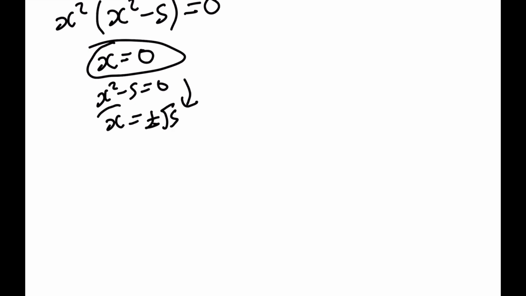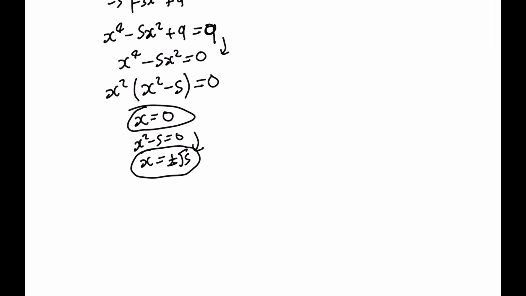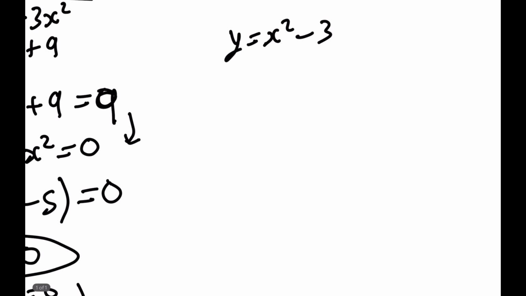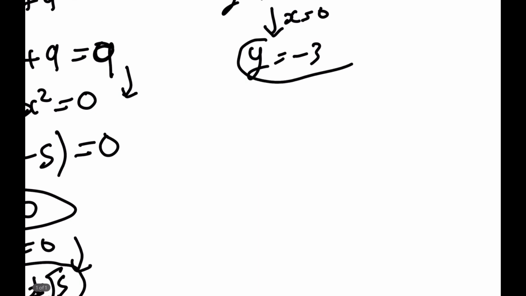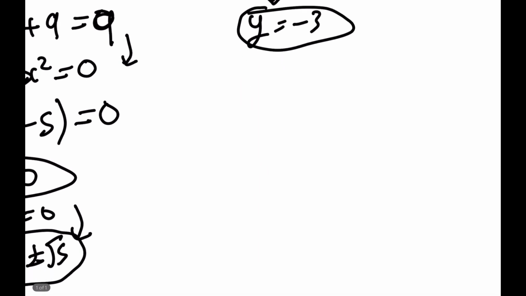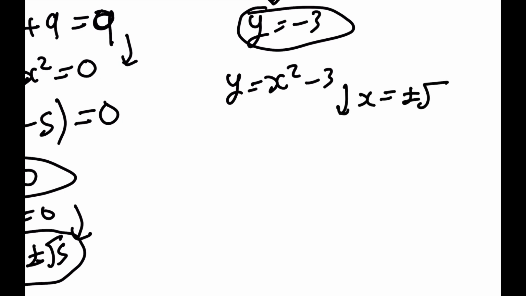And if we find the y values, y is equal to x squared minus 3. So if x equals 0, y is going to be equal to minus 3. So you have a y value. And if x is equal to either plus or minus root 5, we're going to get y is equal to 5 minus 3, which is equal to 2.